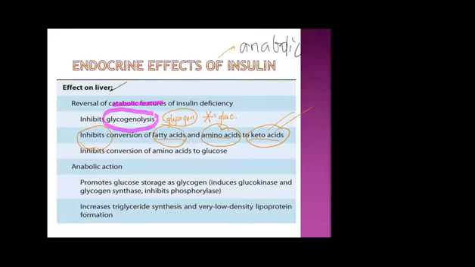And then finally, it inhibits amino acid conversion to glucose. O anong tawag sa process of conversion, if you could still remember? Review tayo. Ang amino acid ba ay isang carbohydrate? Related ba siya sa carbohydrate? Yes or no? No, very good. Ang amino acid ay kasali sa proteins.